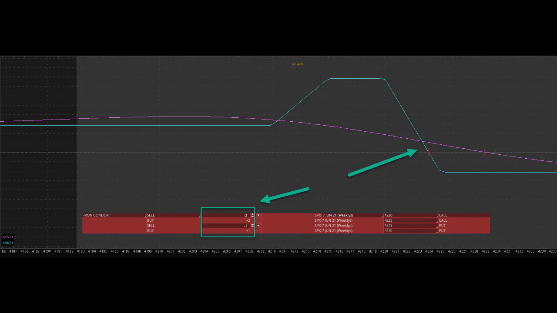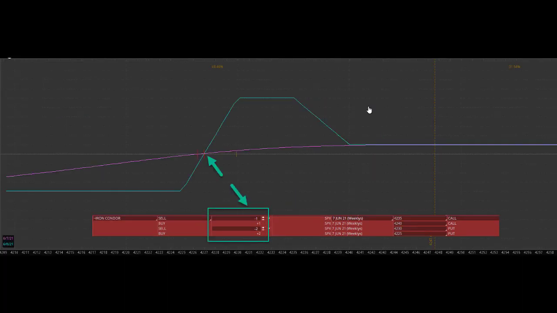So if you wanted to reverse that, and you're saying, no, Monday we're going to open up green, then you just reverse the exact same structure that we had before. You're going to be stacking the side that you don't think it's going to be going to, the put side, and then you're going to be doing these single lots, or however many you're doing, the ratio of 2-to-1 on the call side.